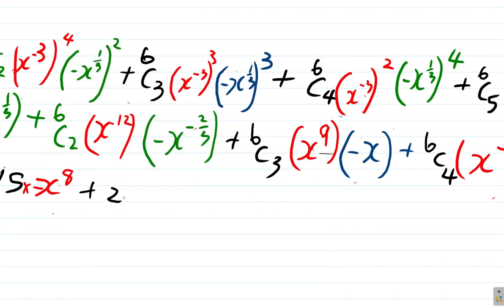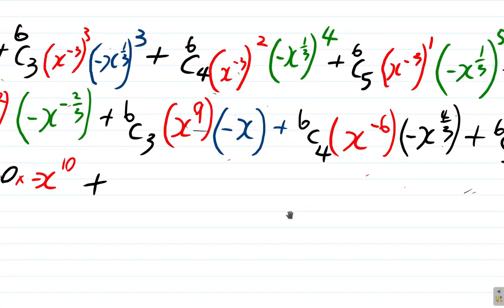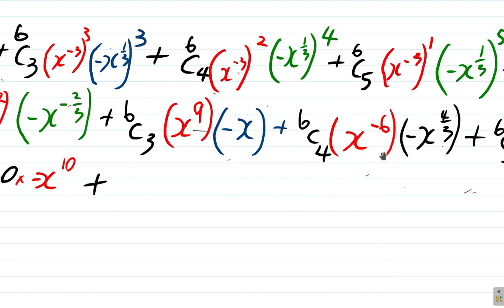So you have 20 times x to the, it's going to be times negative x to the 9 and 1 is 10. So it's going to be 10, plus 6C4 now. So out here you have 6C4. We're going to look at what this gives us.